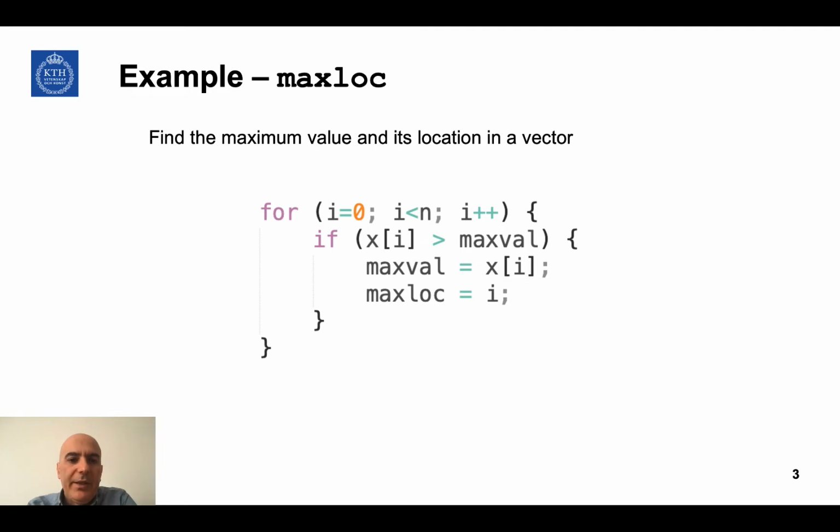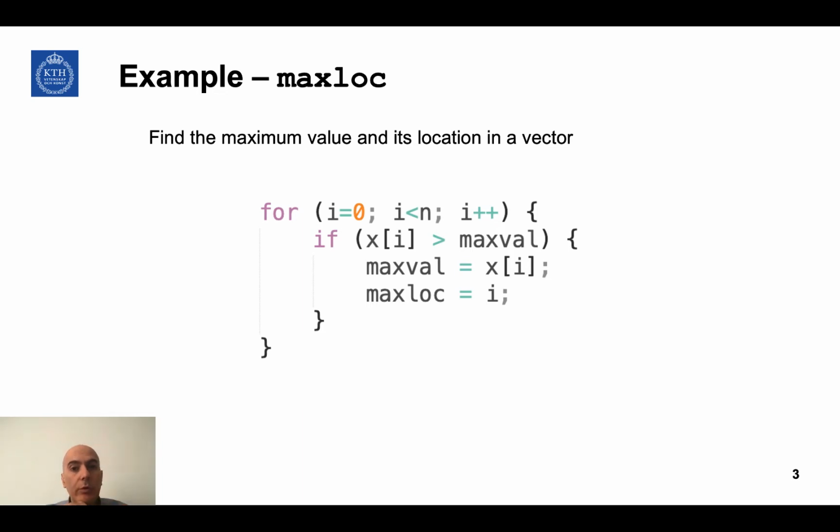So the code is actually pretty simple. We have an input vector called x, and a loop going from 0 to n, where n is the size of the array. For each array element, we check if the current element of x is larger than the current max value.